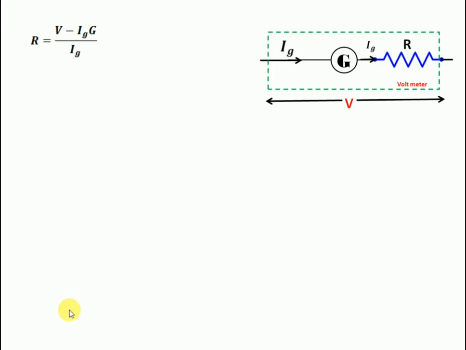So you are left with R equals V by Ig minus G. All these quantities are known, so we can easily calculate R.